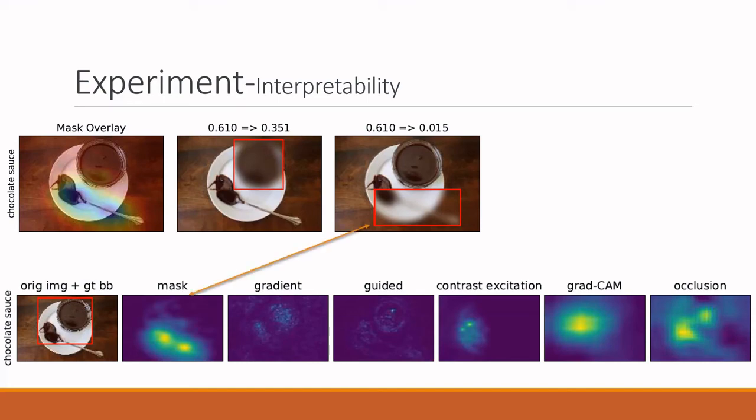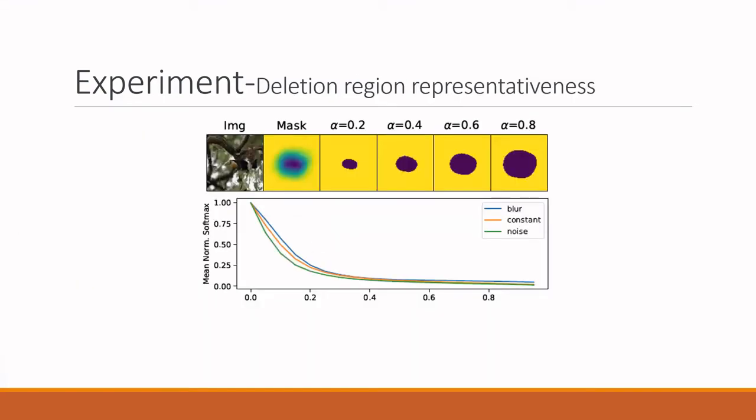So for the second experiment, the purpose of this proposed method is to find the smallest region, the most efficient way to find the object. Like here, in the middle of the image, there's a bird.